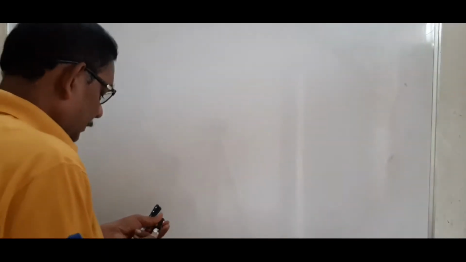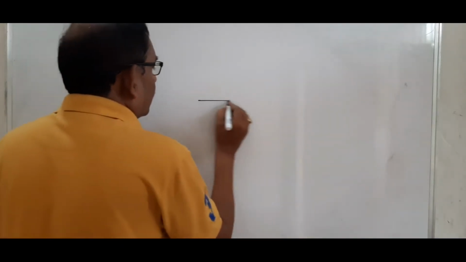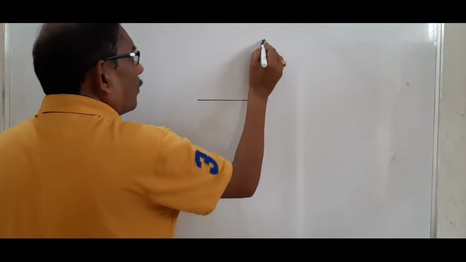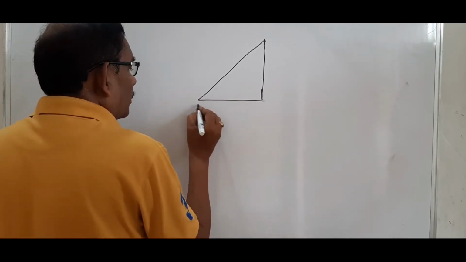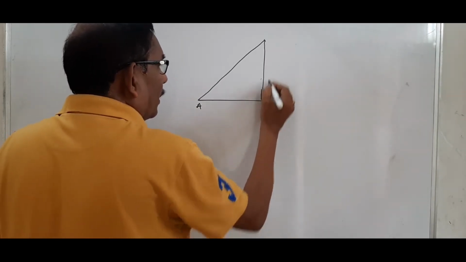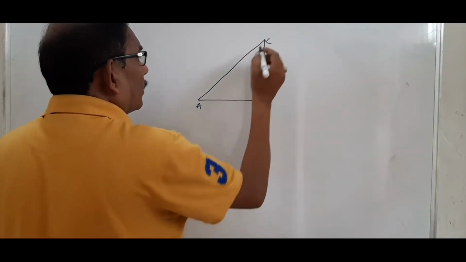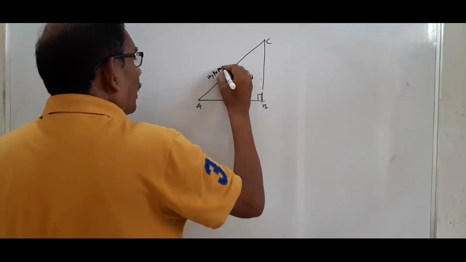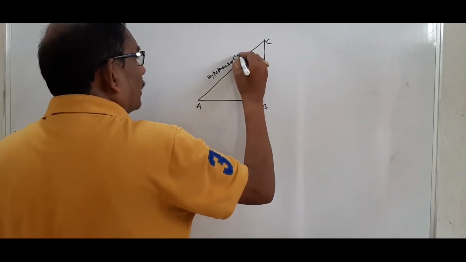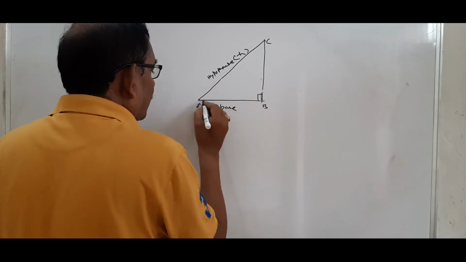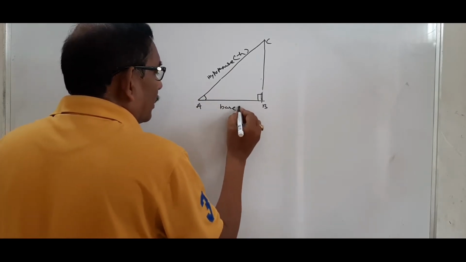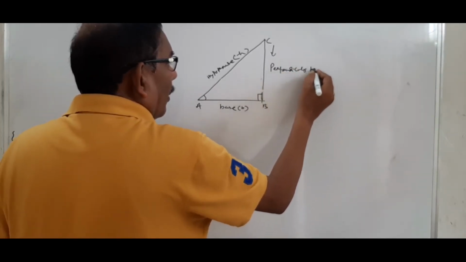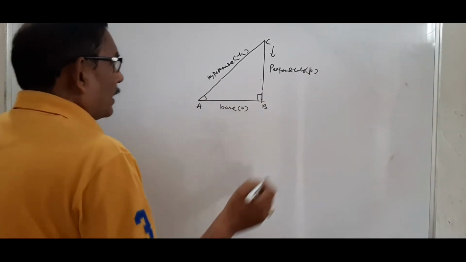Take a right angle triangle. Suppose it is A, B, C. AC, the longest side, is called the hypotenuse, measured by H. We take A as the base angle, and the side opposite is the perpendicular, P. Here A is the base angle.